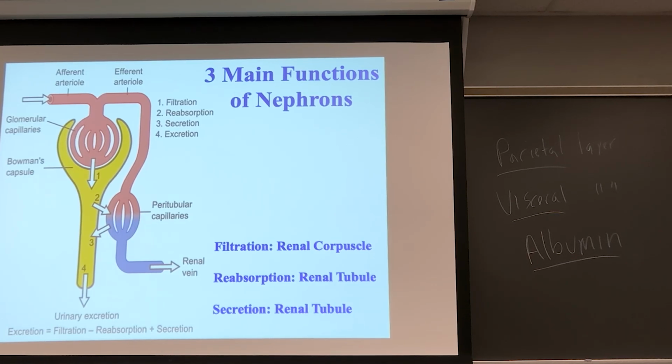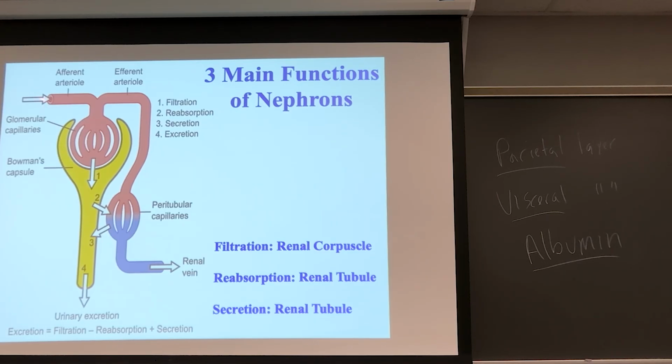And so we're going to talk about now how we modify that filtrate that has entered into the renal tubule. And that's really the job, the reabsorption and secretion of the renal tubule, right? So the corpuscle does filtration and the renal tubule does reabsorption and secretion.